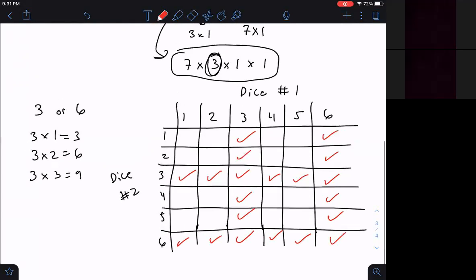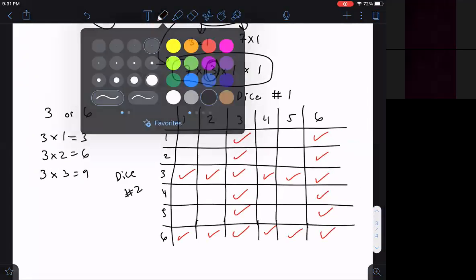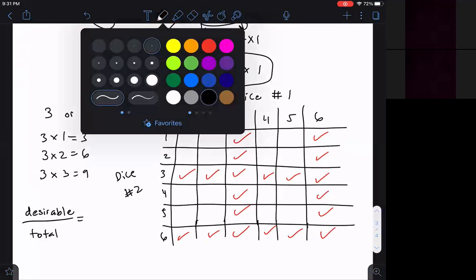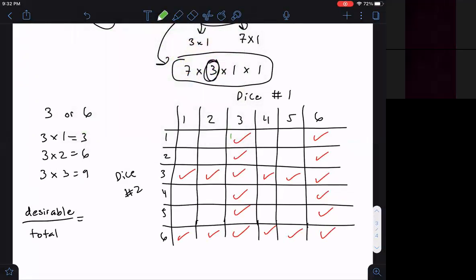So now we can use our probability formula. Our probability formula is the desirable, or favorable, I'm just going to say desirable, all over the total. Desirable is divisible by 3. So let's count all of these up, and let's use a separate color here. So 1, 2, 3, 4, 5, 6, 7, 8, 9, 10, 11, 12, 13, 14, and we're not going to count this one again because it's the exact same thing.